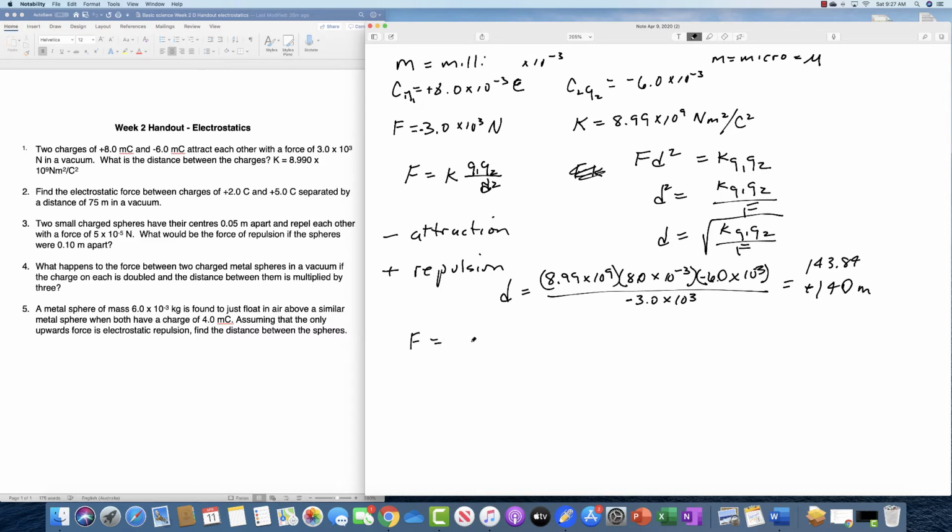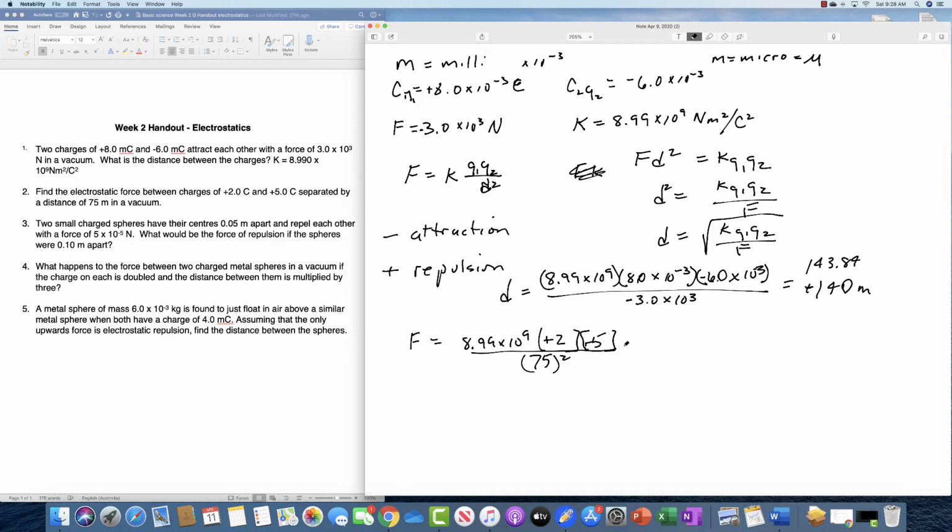F is equal to 8.99 times 10 to the 9th times, now this is 2 coulombs, so it's just 2 plus 2, and this is times 5 plus 5, and that's divided by 75 meters squared.